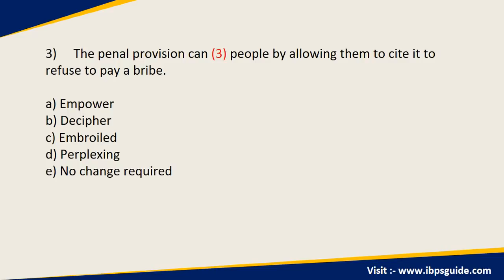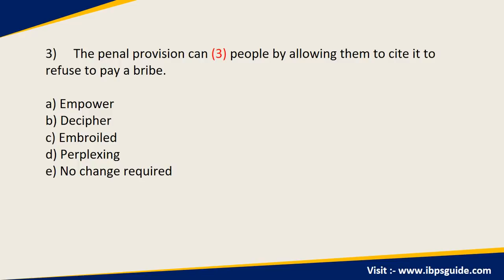Empower means to give power to or make stronger, and decipher means to decode something or to understand something that is difficult to understand, right? So the penal provision can decipher people does not make sense. You're not decoding people, right? So the only option that is making sense and is correct grammatically and contextually is option A, empower.